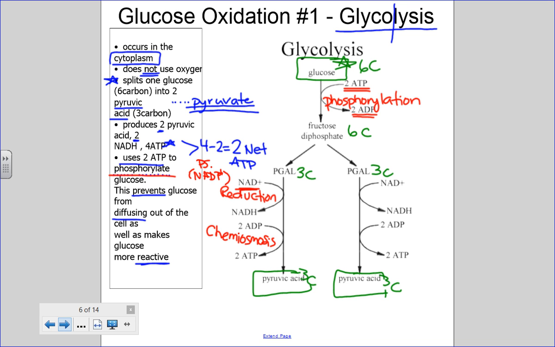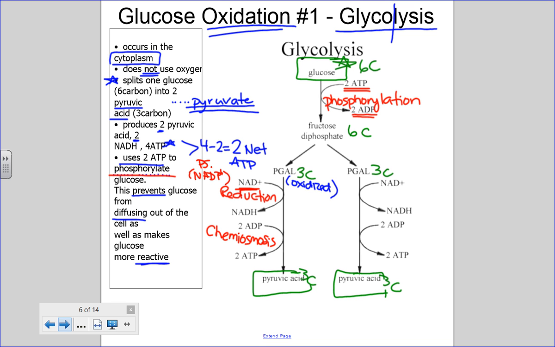If NAD is getting reduced, this carbon compound is getting oxidized. So remember, oxidation and reduction both happen at the same time. In cellular respiration, the thing with carbon in it is always the thing getting oxidized. The other molecule is generally the thing that is being reduced.